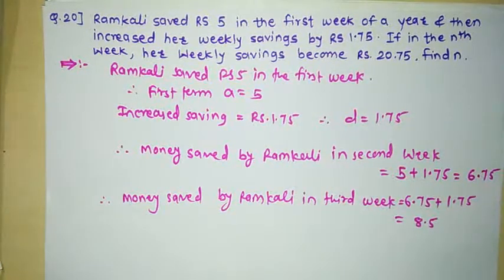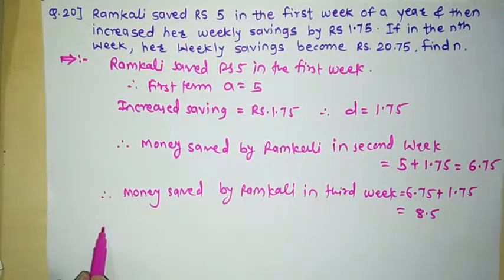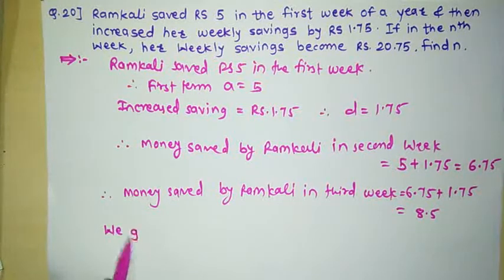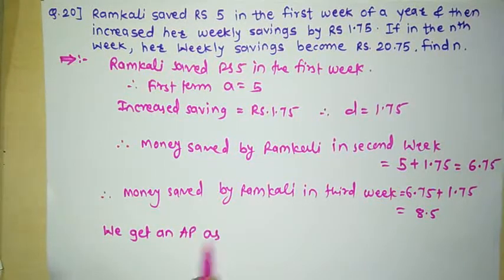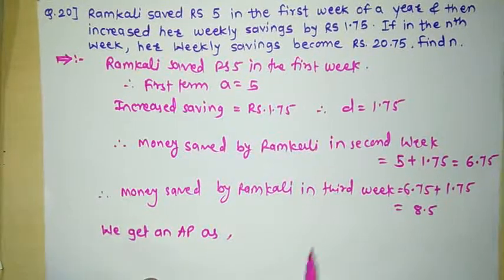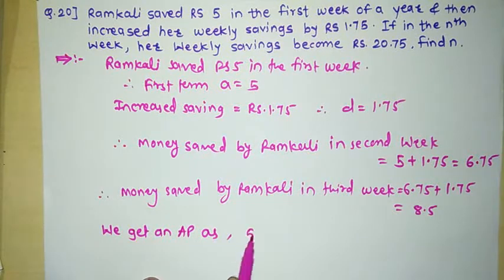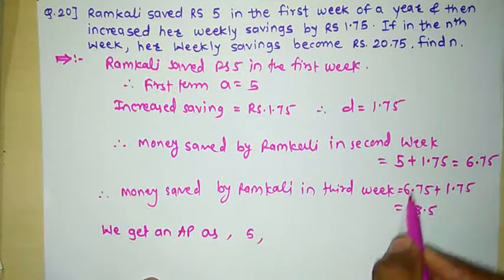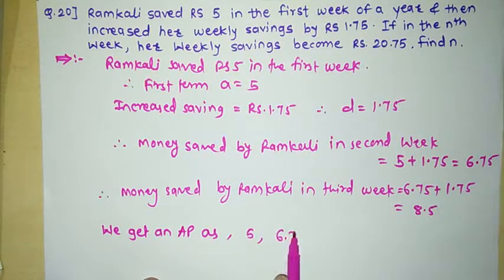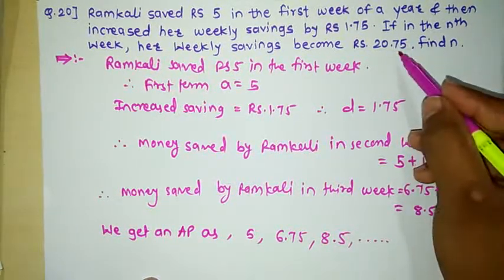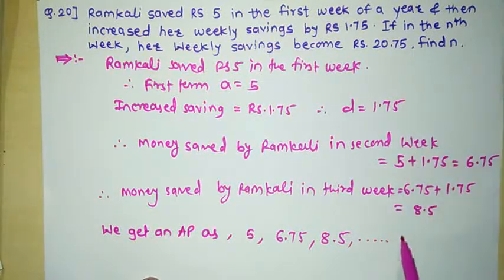We get here an AP as first term is 5, second term will be 6.75, and third term is 8.5 and so on, and last term is rupees 20.75.